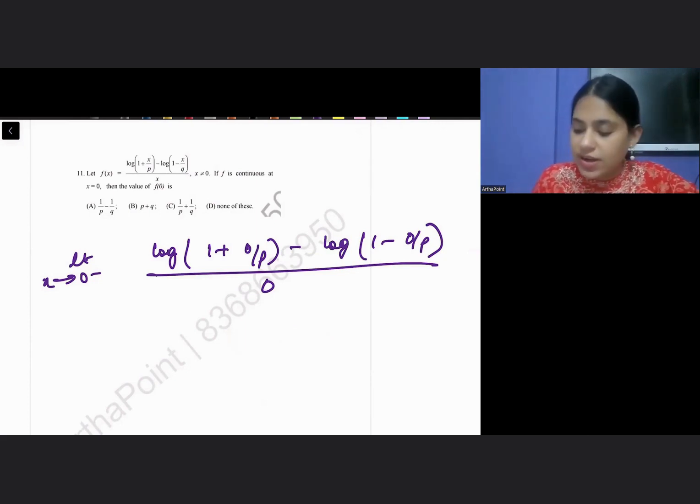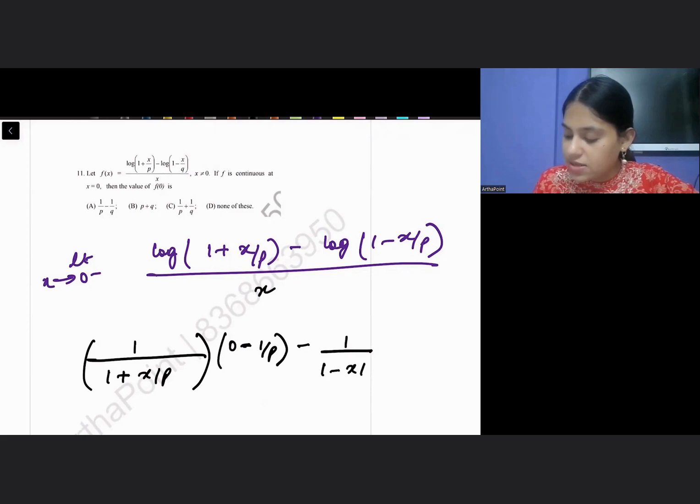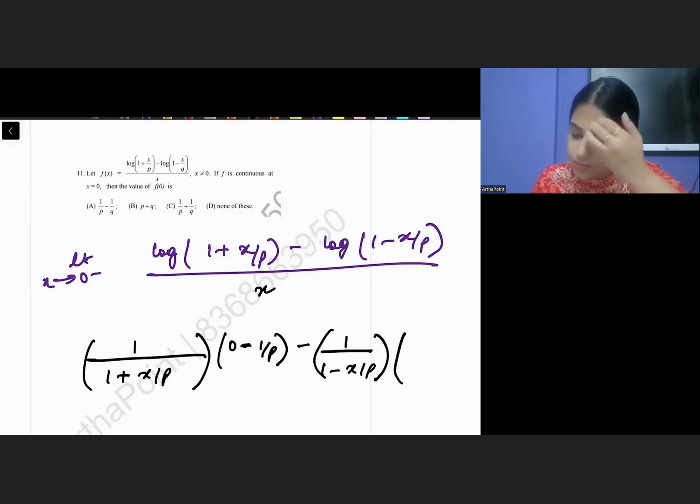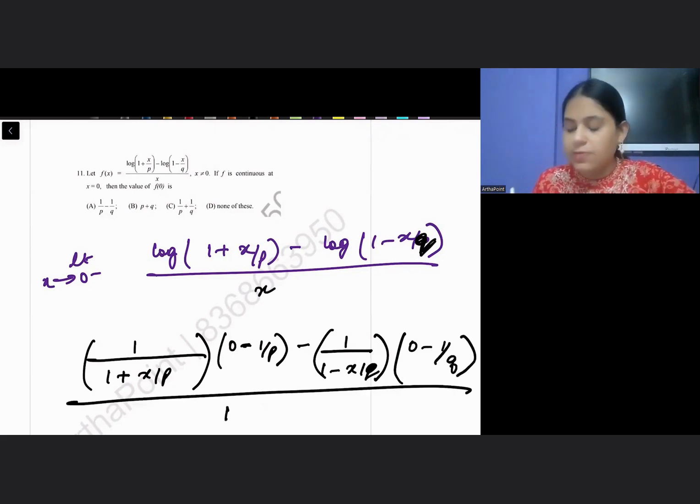So I will differentiate the numerator separately and differentiate the denominator separately. So differentiation of numerator will be 1 upon 1 plus x by p into 1 by p, minus 1 upon 1 minus x by q into, sorry, this is q, minus 1 by q, upon 1.